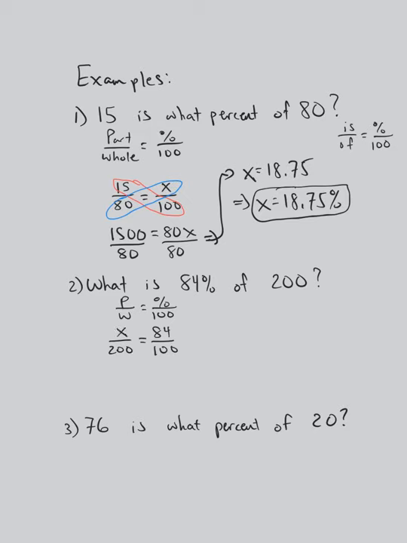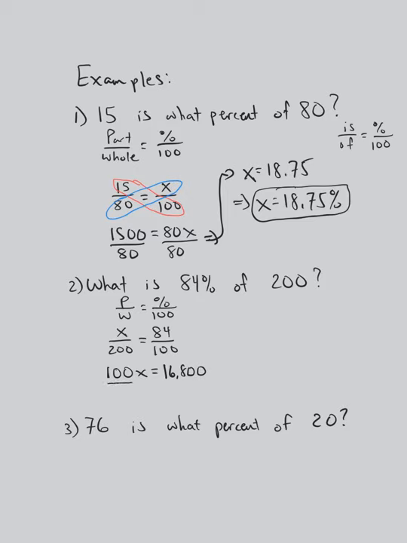Hopefully you realize again we have a proportion, and so I do my cross products. I get 100 times x, and then I have 200 times 84. That gives me 16,800. Don't let that throw you.